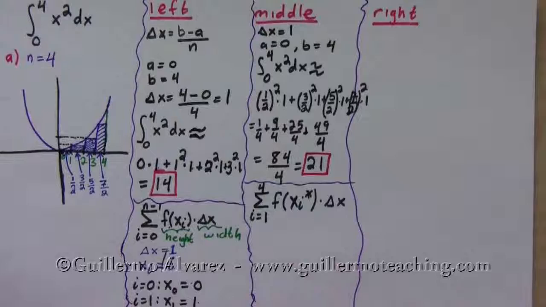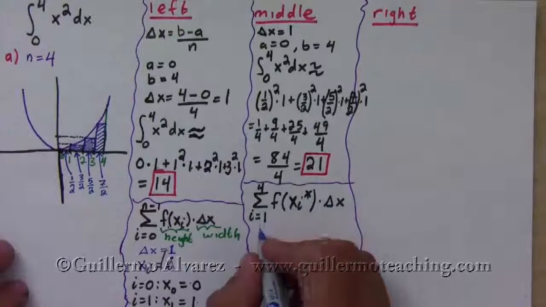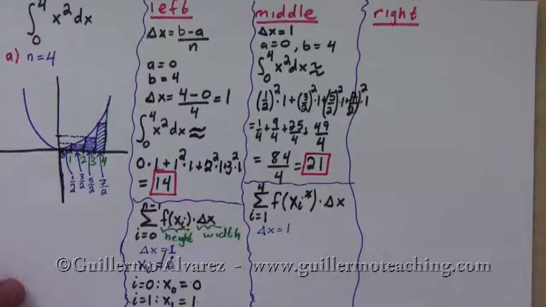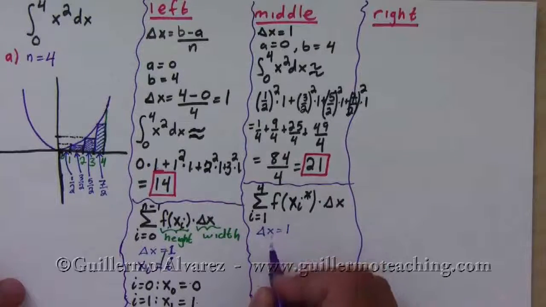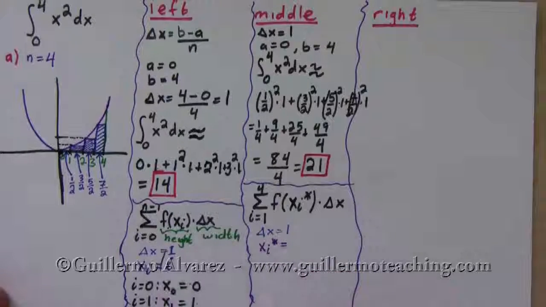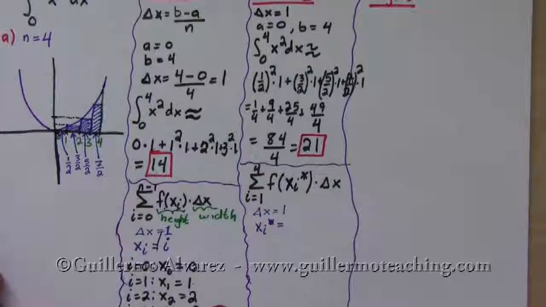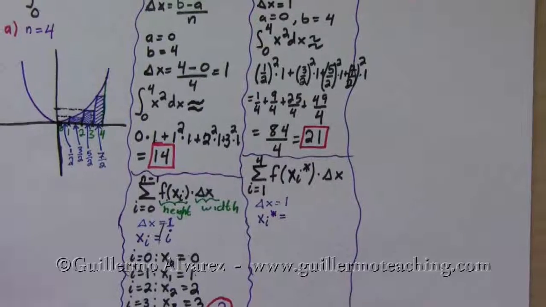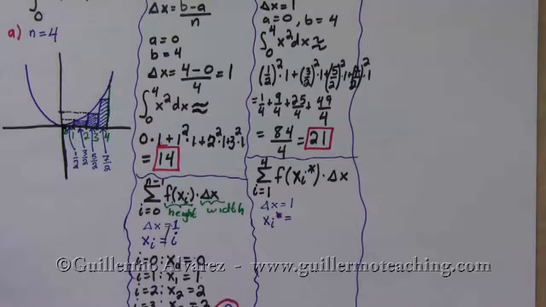And so first, let's just say that delta x is equal to 1, and we're trying to figure out what x sub i star is, just like last time over here. Okay, so let's write some stuff out.